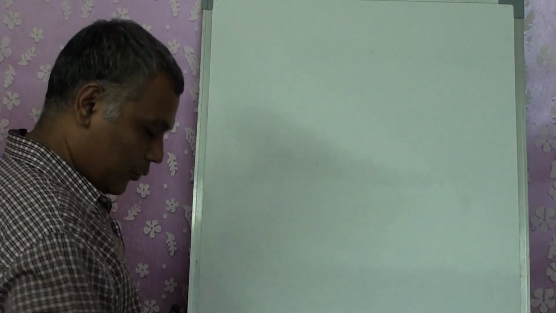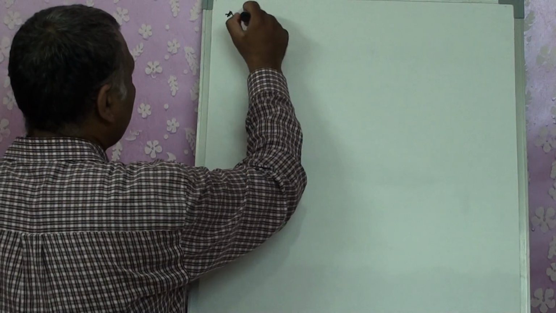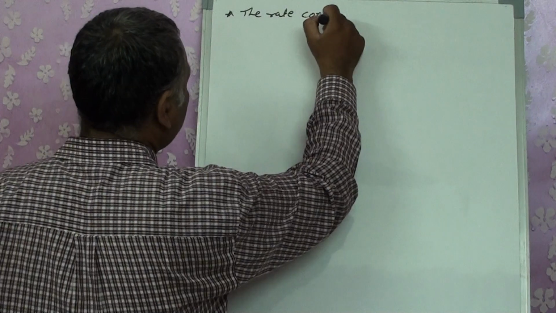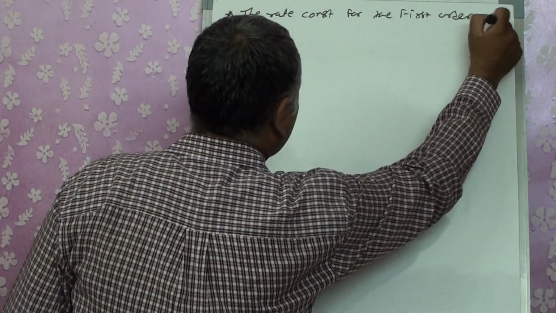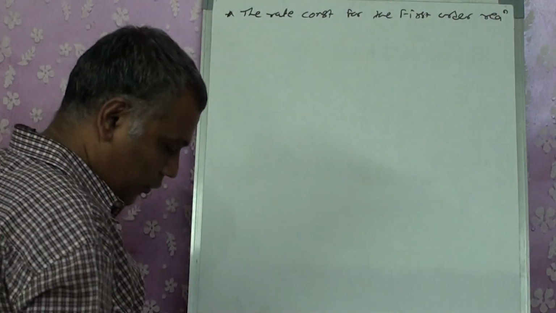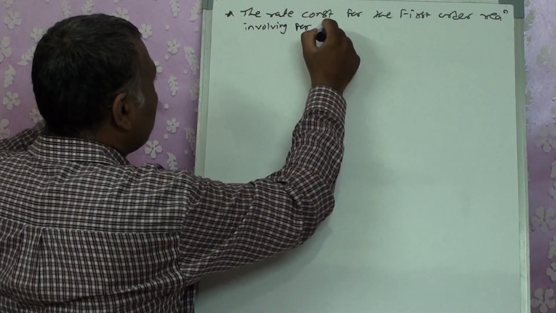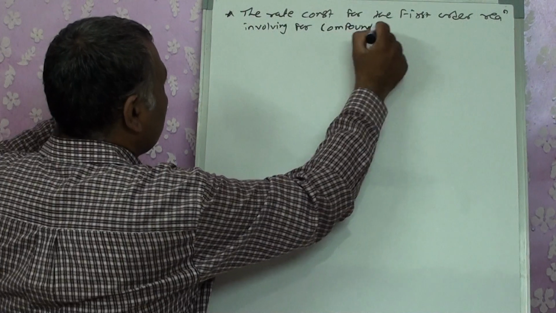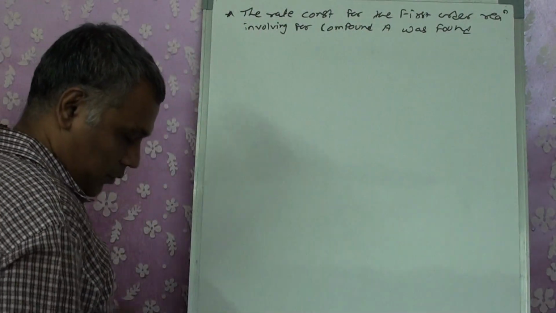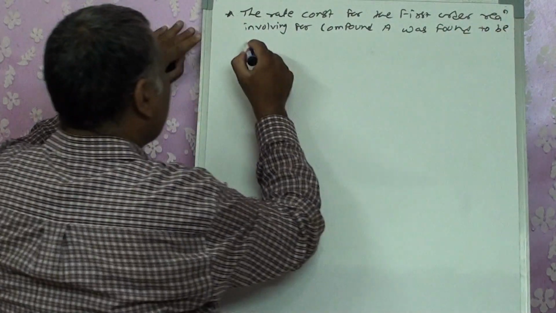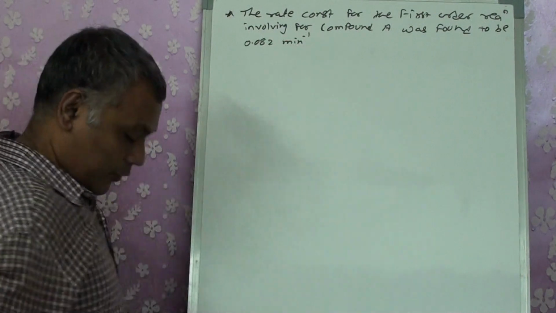Now, for this numerical, it is given to us the rate constant of the first order reaction involving compound A was found to be 0.082 per minute.